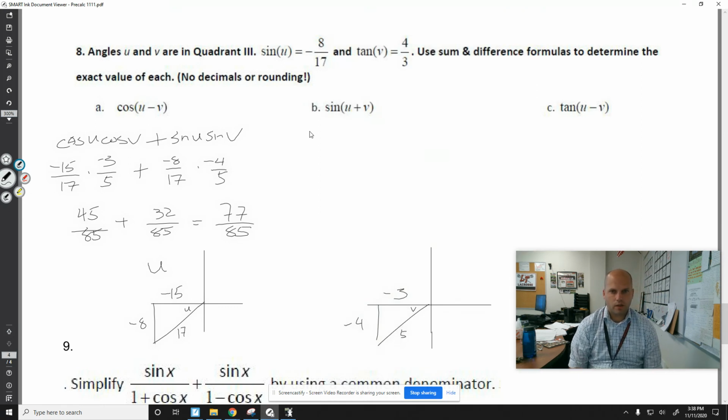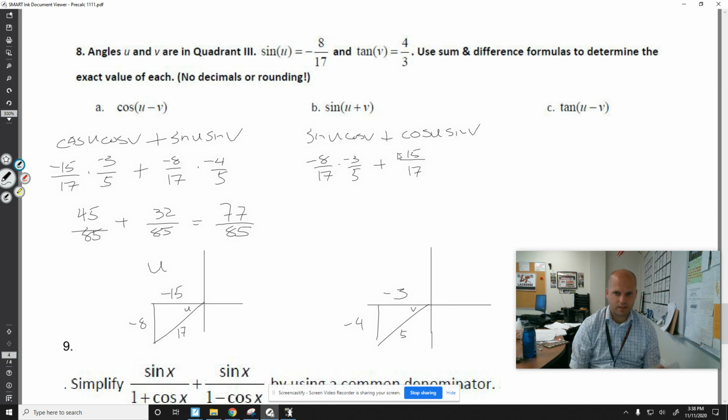Sine of U plus V. So sine U, cosine V, same sign. Cosine U, sine V. Sine U is negative 8/17. Cosine V, negative 3/5. Cosine U, 15/17.